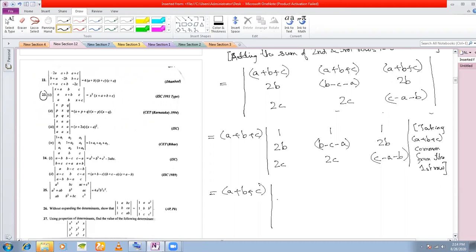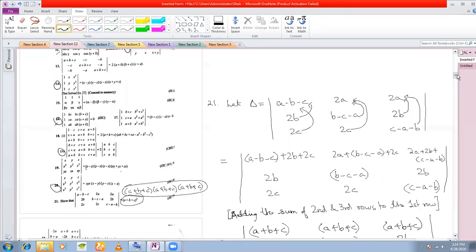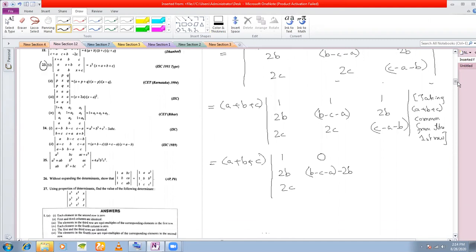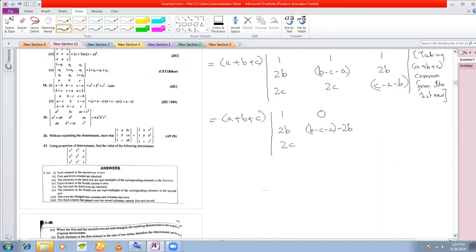Okay, and what we'll do is the first column will remain as it is, because we are subtracting the first column from the second column. So 1 minus 1 is 0. This will become b minus c minus a. In the second column, 2c will be there, and in the third row both are 2c. And you will get 2c minus 2c, which is again 0.